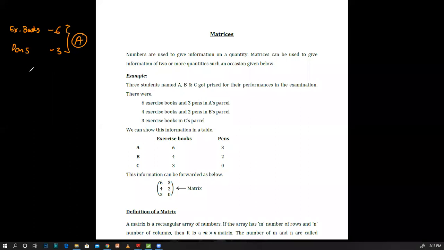And thereafter, student B got a prize as well. In that parcel, you can see that there are 4 exercise books and 2 pens.